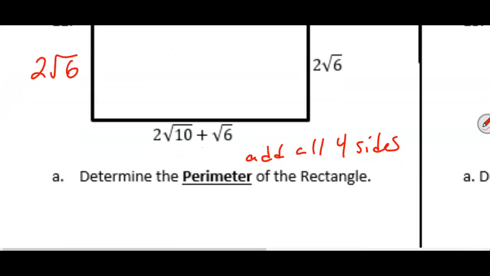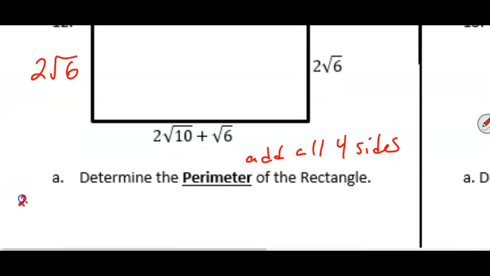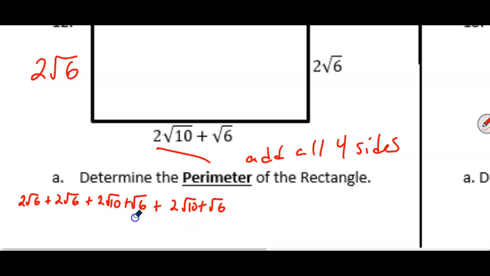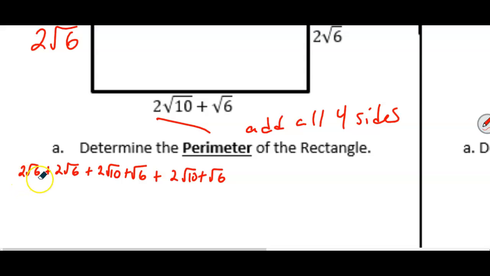So we have 2 radical 6 plus 2 radical 6 plus 2 radical 10 plus radical 6 plus 2 radical 10 plus radical 6. See? Right there twice, and right there twice. So anyway, we can add up all the 2 radical 6's.